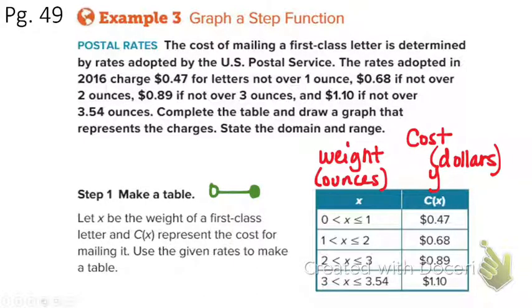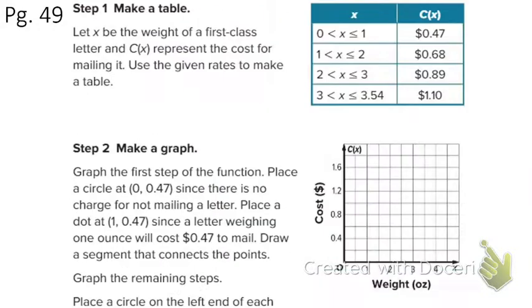All right, so let's go ahead and graph it. For my first step, again, the weight is at the bottom. So from 0 to 1, I'm going to make a bar, and that bar should be at 47. And I realize that it's a little tricky because we're counting by 20 cents. So 47 cents is going to be right above 0.4.